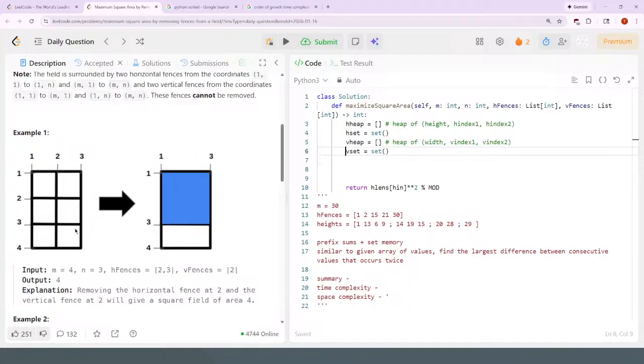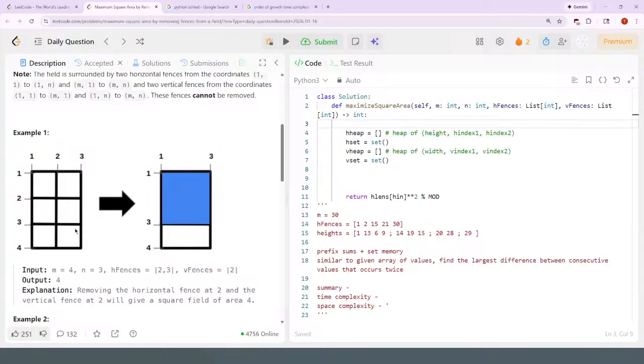Alright, starting off my heap. Do I really want to modify my H fences? Probably. I guess I have to. I need to add 1 and M to it.